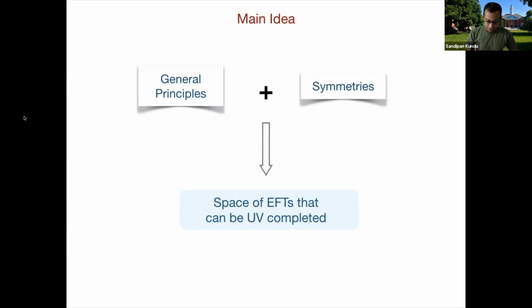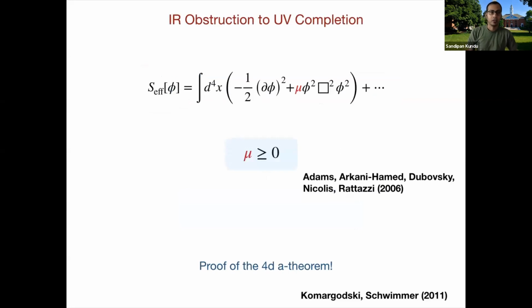This general idea has been around for ages, probably as long as quantum field theory itself. One of my favorite examples of this general idea is this bound on the scalar effective field theory with higher derivative interaction.